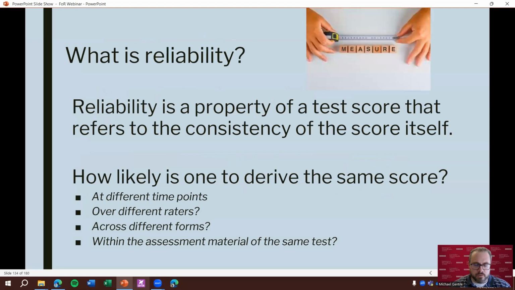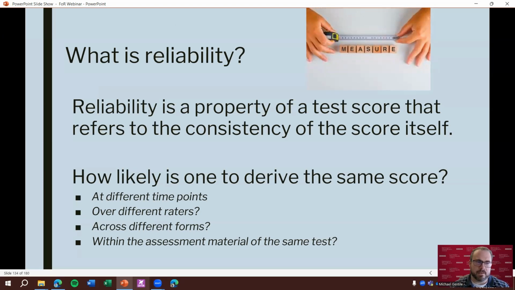So we have two things that we look at, and the MTEL is almost certainly going to ask you about these two things. The first is reliability. Reliability is a property or quality of a test score that refers to how consistent the test score is.